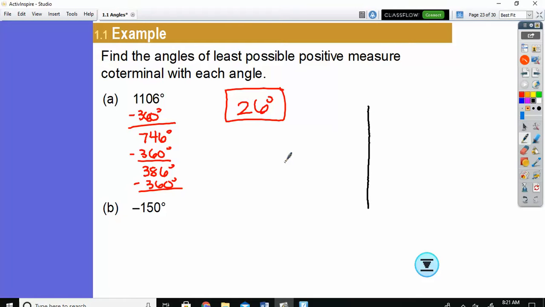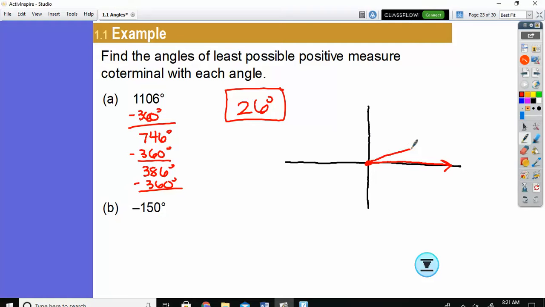If you drew that, I didn't ask you to, but your standard position, so we have to have a vertex at the origin, initial side on the positive x-axis. 26 would end about where? Which quadrant would it be in? Quadrant 1.